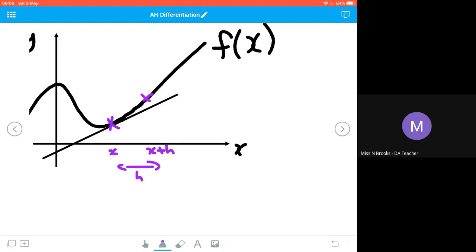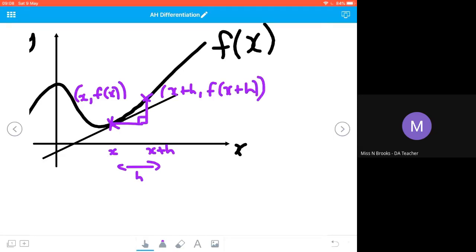And you can see I can work out the gradient of that chord between those 2 points. So the coordinates of the first point is going to be x, f of x. And the coordinates of my second point are going to be x plus h, f of x plus h.